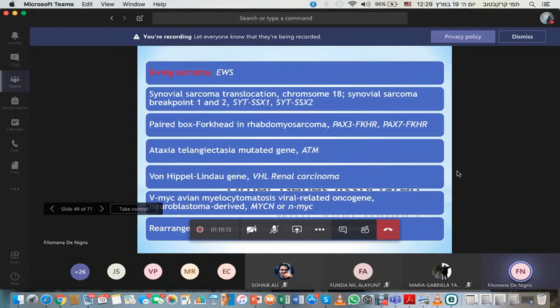When we suspect that a tumor is present in bone, we have to ask for genetic information to make the best diagnosis. The rearrangement present in Ewing sarcoma is diagnostic, because it is peculiar to this kind of tumor.